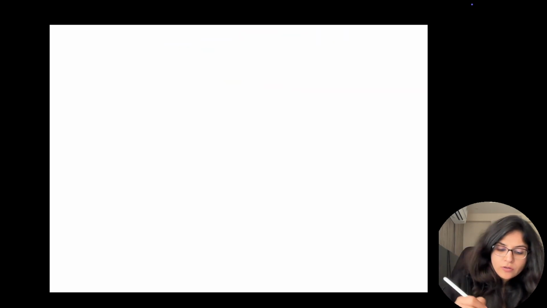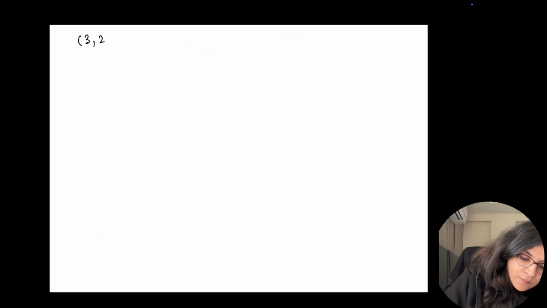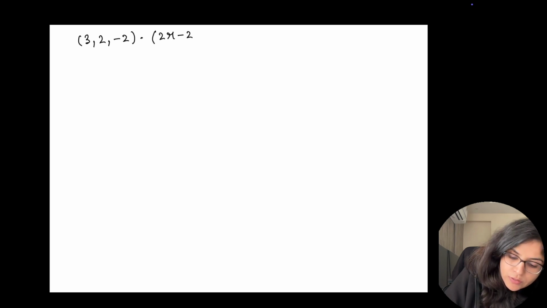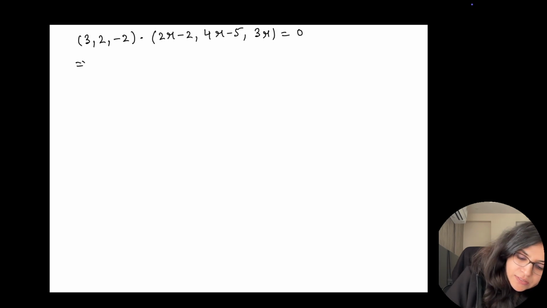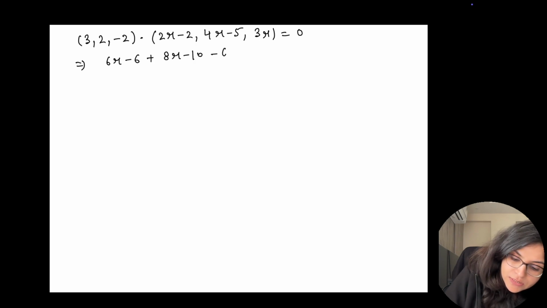Now the dot product of 3 comma 2 comma minus 2 with 2r minus 2 comma 4r minus 5 comma 3r is equal to 0. So it implies 6r minus 6 plus 8r minus 10 minus 6r is equal to 0. So it implies 8r minus 16 is equal to 0, and we got r is equal to 2.